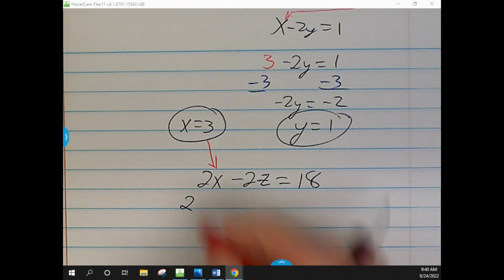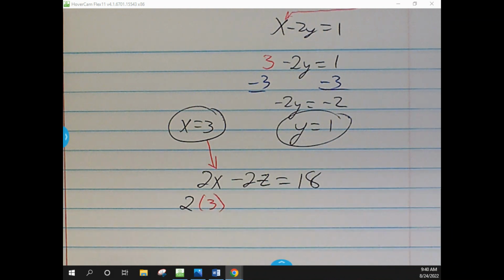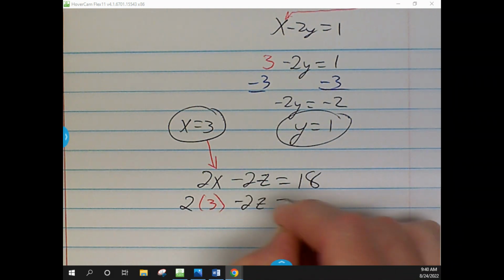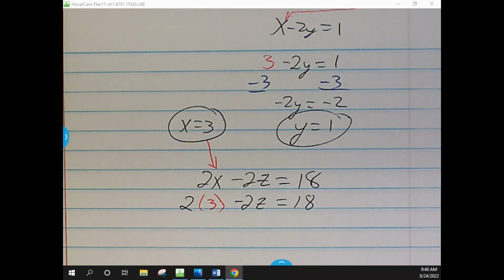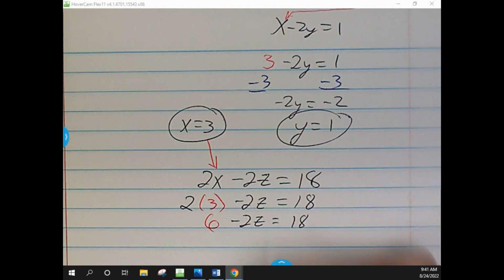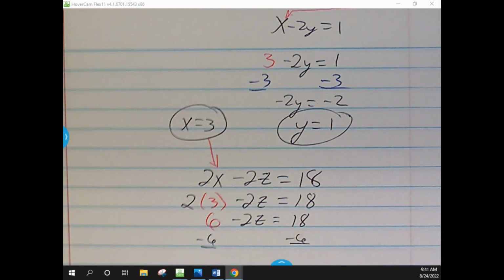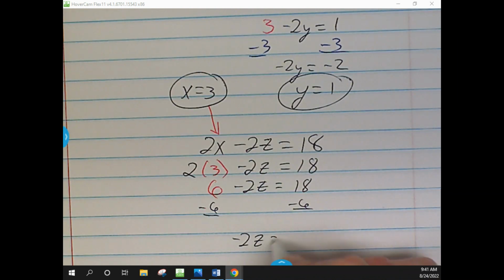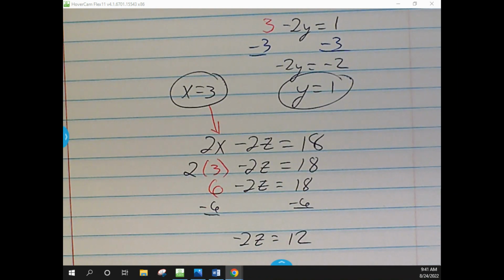So that's 2 times 3 minus 2z equals 18. So 6 minus 2z equals 18. We'll subtract the 6 and then divide by that. So finally we get z is negative 6.